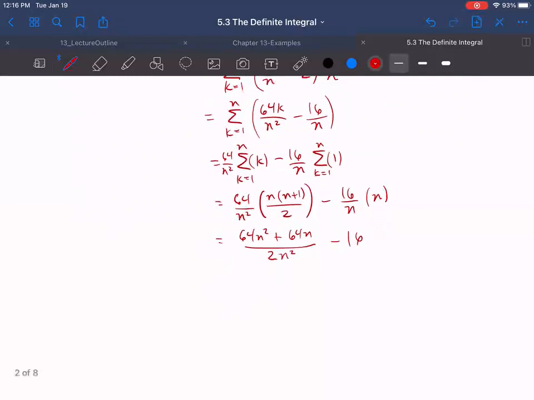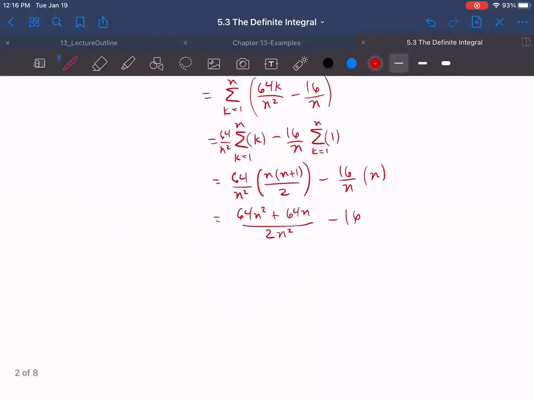And then we've got to go ahead and combine these. So we need a 2n squared over here, which means this becomes 32n squared. So I have 64n squared plus 64n. Yeah, that should be right. I didn't mess that up, did I? That's correct, isn't it? 64 times n squared plus 64 times n is that.